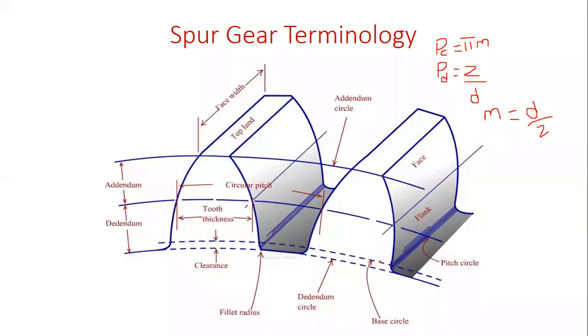It is the distance measured along the base circle from one point on one tooth to the corresponding point on the adjacent tooth, and that is denoted by PB.